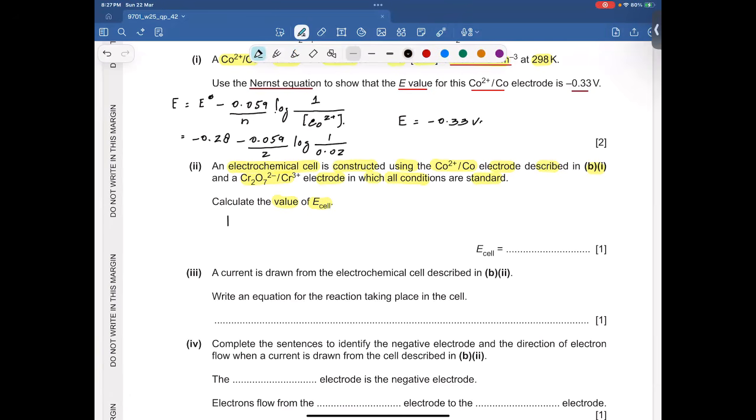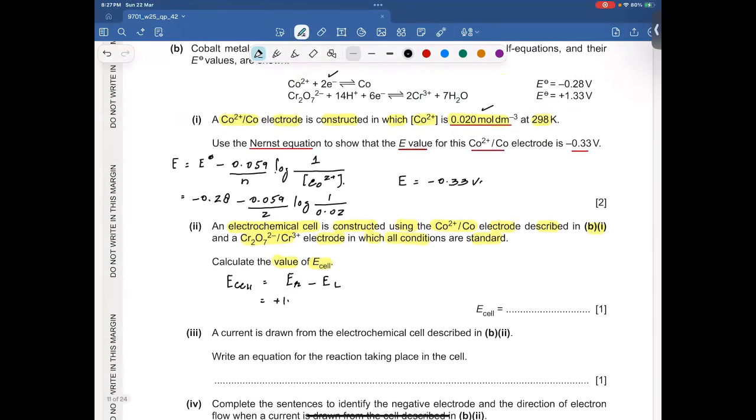To get the E cell value, I'm going to use the E right minus E left formula. E right means the reduction potential, or the potential value with a more positive value. So I'm going to write plus 1.33 volt.